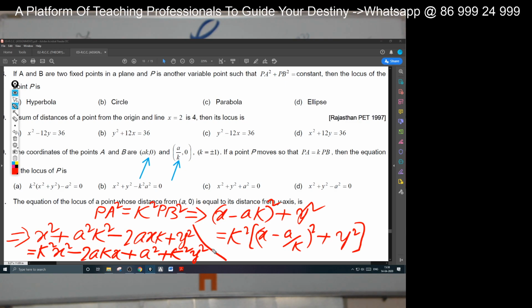K square gets cancelled after taking LCM. This gets cancelled.